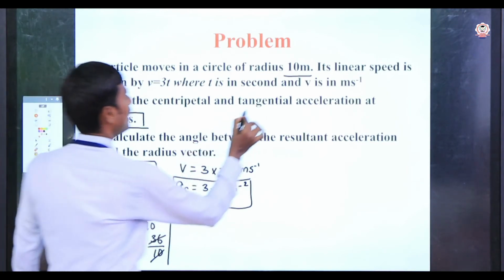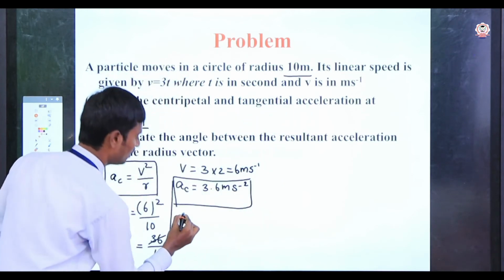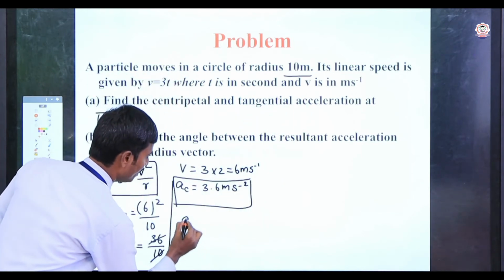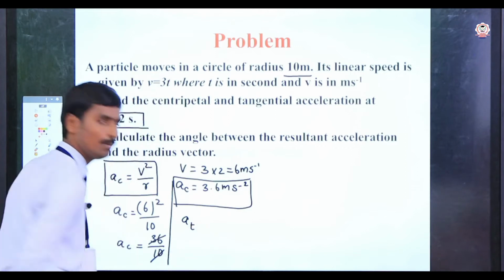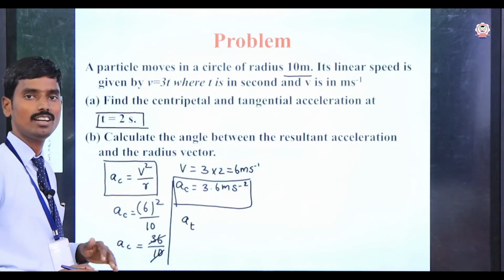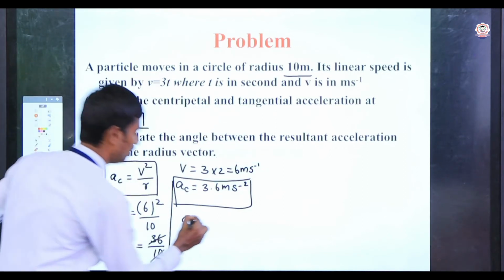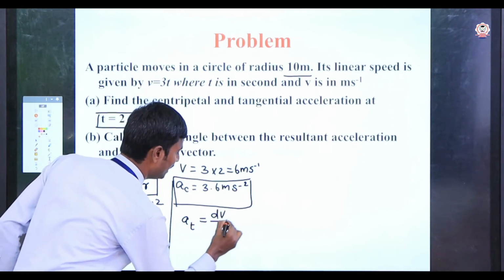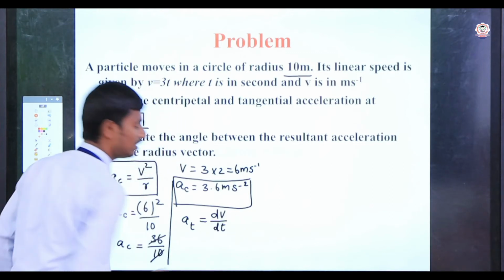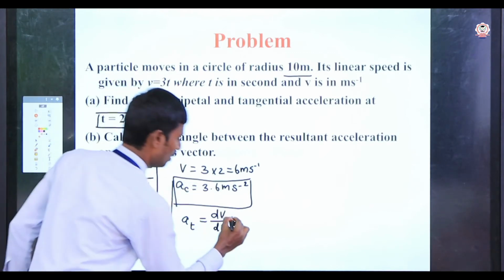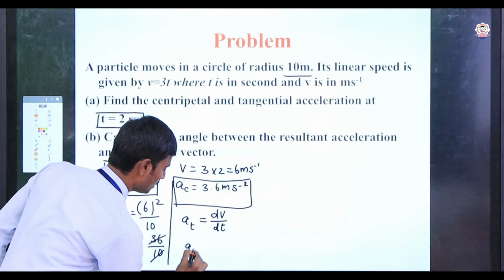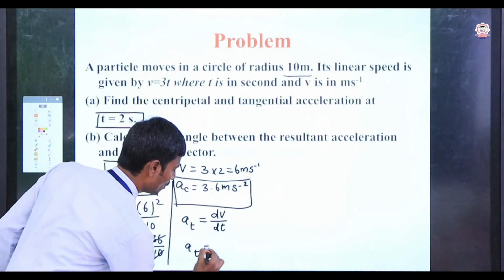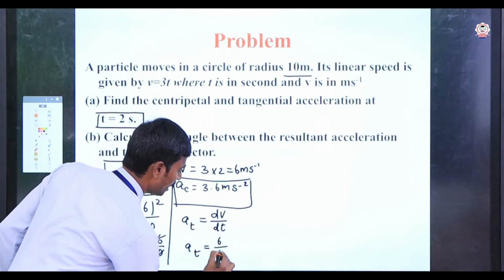The next question, tangential acceleration. Tangential acceleration AT is in the tangential direction. What is the formula? Change in velocity with respect to time, dv by dt. Here velocity, as we already know, is 6, divided by the time taken.